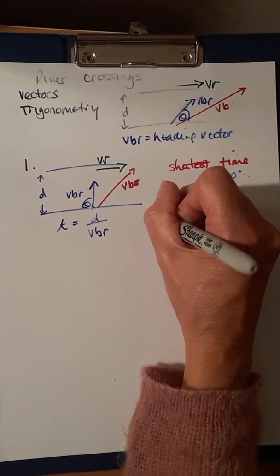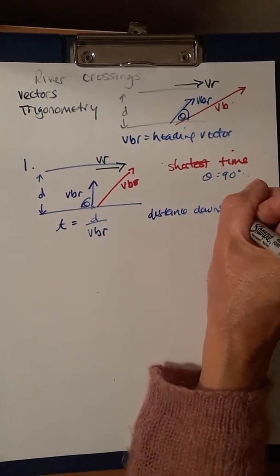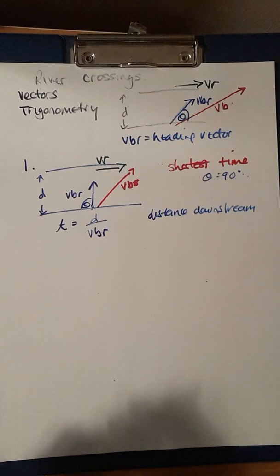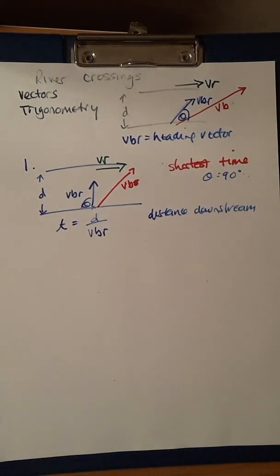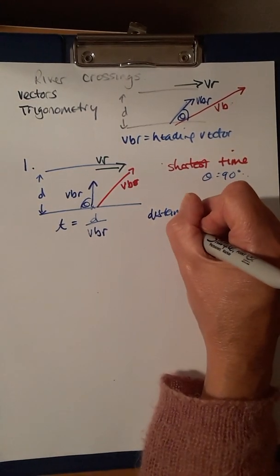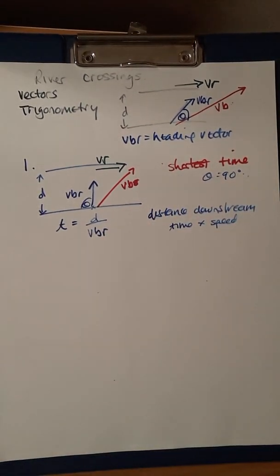Okay, what's the distance downstream? That's the other thing I often have to consider. If I cross, how far downstream do I go? I started here, but I've ended up down there. What's the distance downstream? Remember, the distance downstream is time multiplied by the speed that takes you downstream.